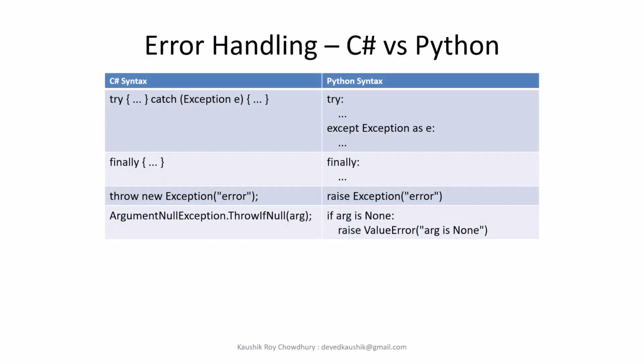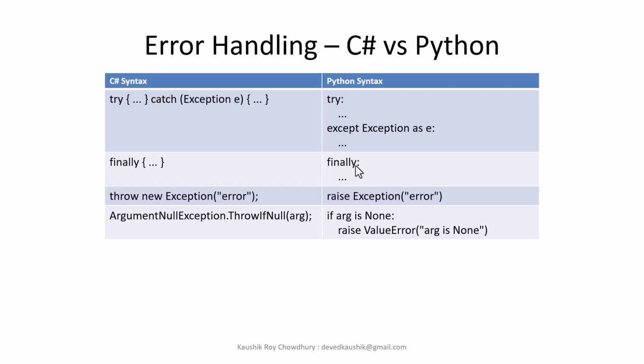Right. And then error handling. Error handling in C# and Python are quite similar, except in C# it is try catch exception, and here it is try and except exception as E. And this is no catch, it is except. And then of course, finally.